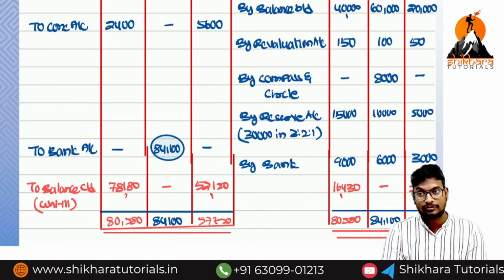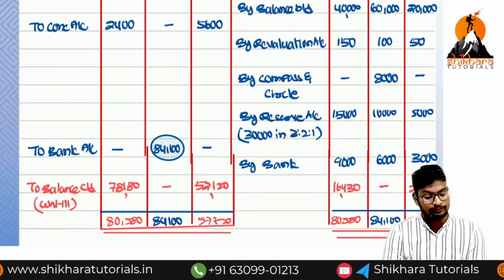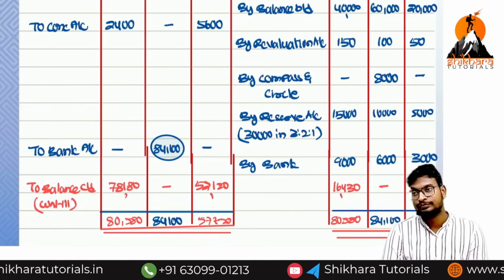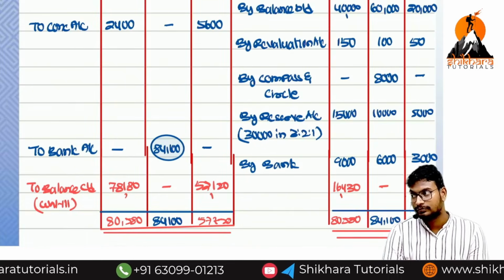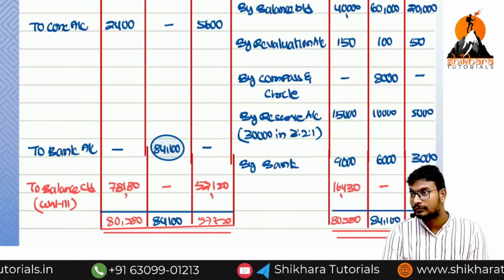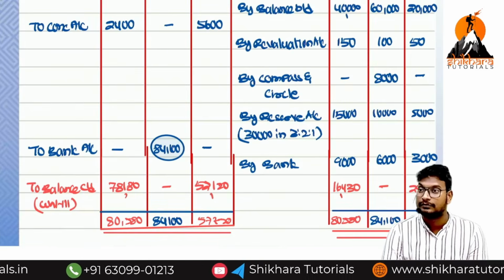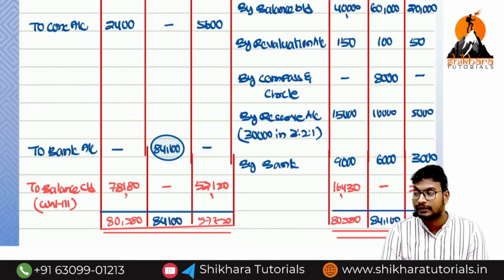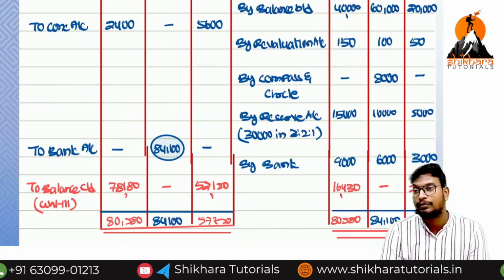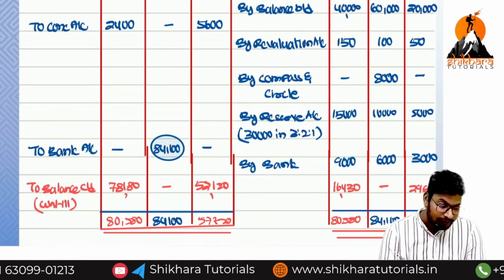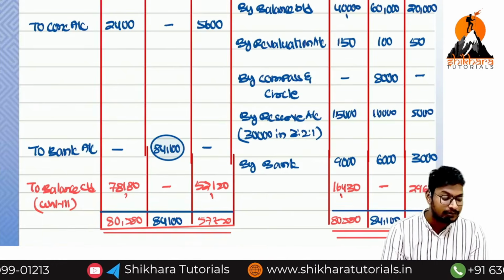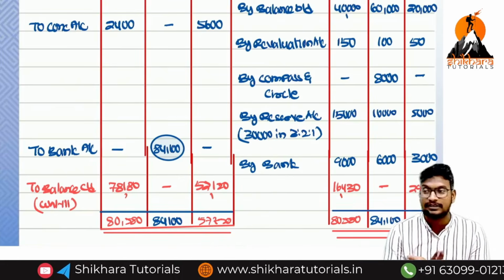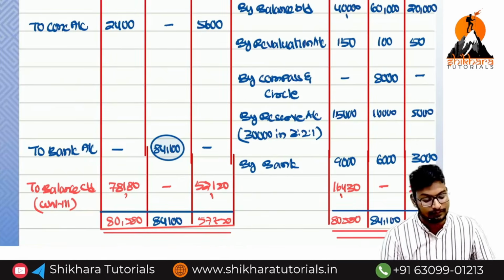Add the two and see what comes. 16,430 plus 29,670. Cash balance. So before that we have identified that much amount brought by both the persons. Now we have identified that 16,430 should be brought by the compass, 29,670 should be brought by the circle. That is the main point.